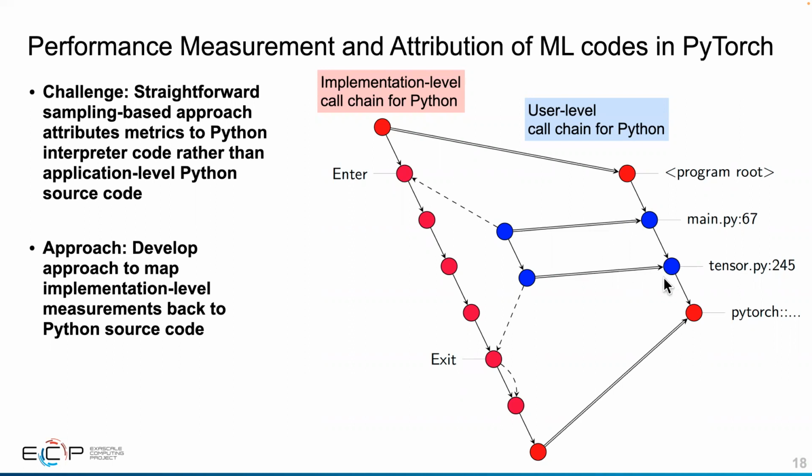This is a little bit different because normally we do all of this attribution at postmortem time, after the measurement data has been collected. With Python, it's unusual because we need to use a Python introspection API in order to map it back to Python context. So this is a case where we're doing this mapping at measurement time.